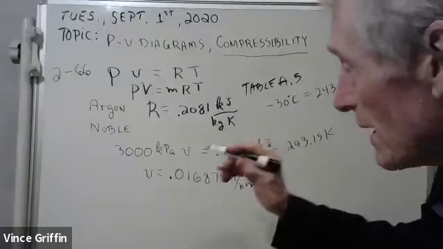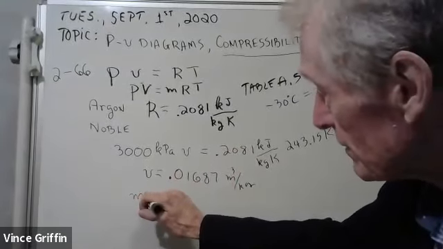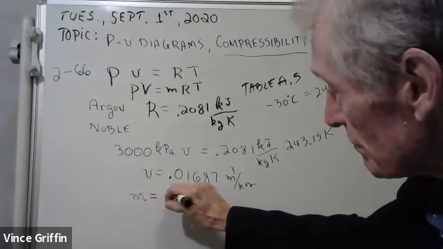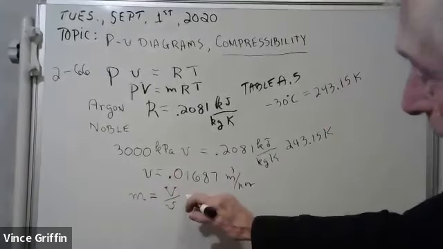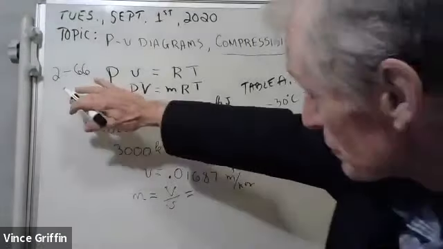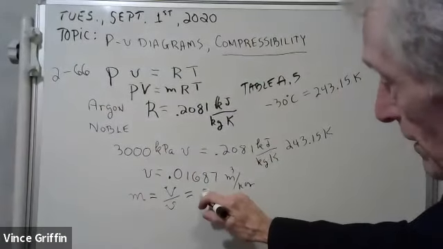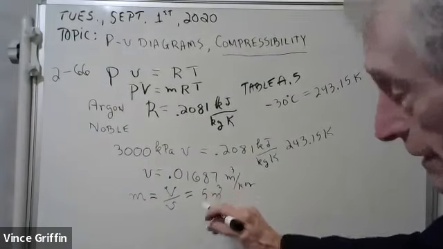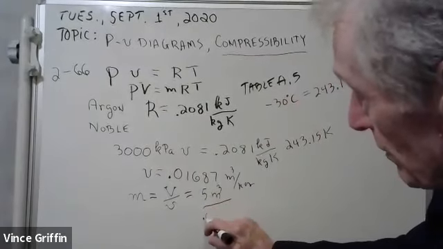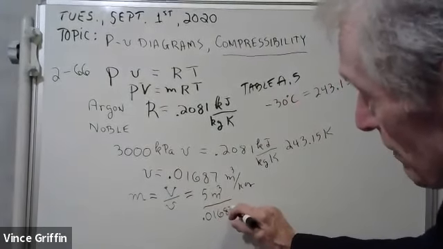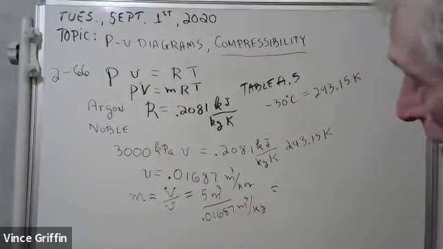But now they wanted the mass. Okay, well, here's how you get the mass. See, the mass is equal to the volume divided by the specific volume. This problem here, if you read it, says you have a 5 cubic meter tank, and you'll divide that by the 0.01687 cubic meters per kilogram, and we'll get our mass.